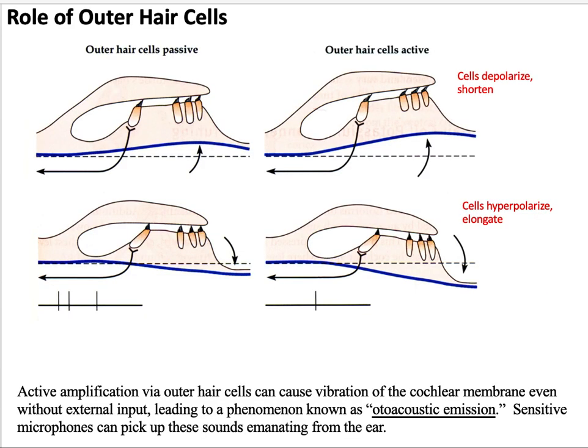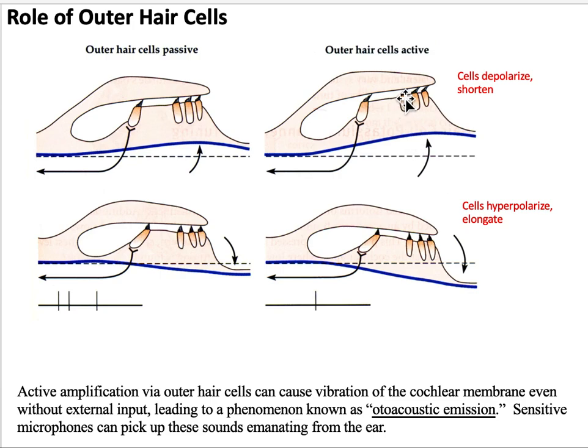Okay, great. So how do you use that? Well, we talked about how the basilar membrane is deflecting up and down, and that's causing the tectorial membrane to shift back and forth, and that puts shear on the stereocilia. So here's a deflection upwards. If we depolarize the outer hair cells, that tends to shorten them.